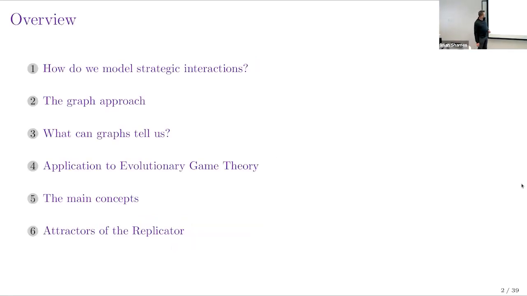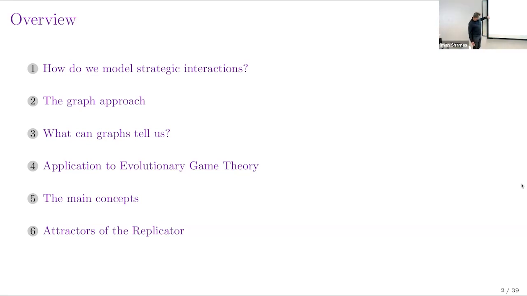The outline of the talk is: I will first talk about modeling strategic interactions. I'll tell you what I mean by graph in this setup, introduce the graphical approach, and talk about what these graphs can tell us.